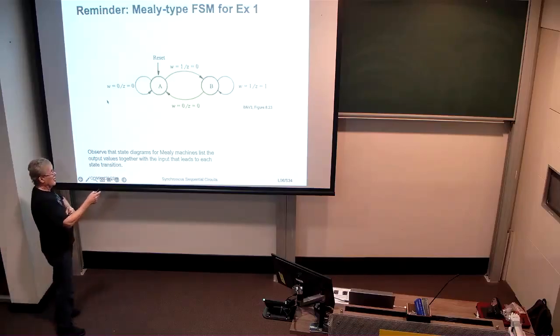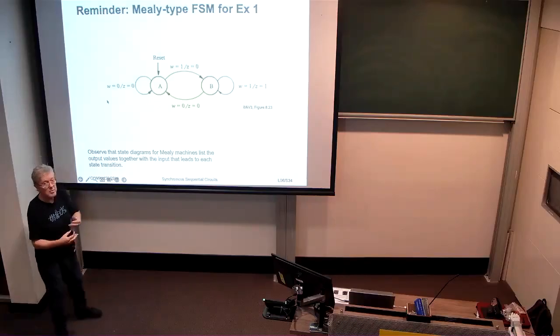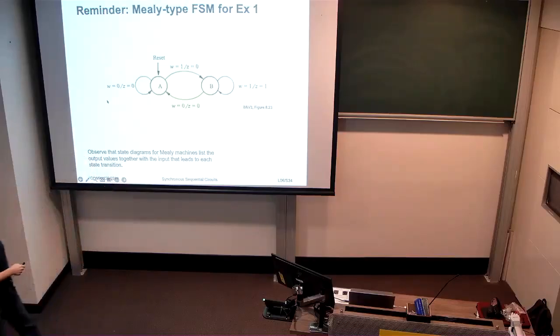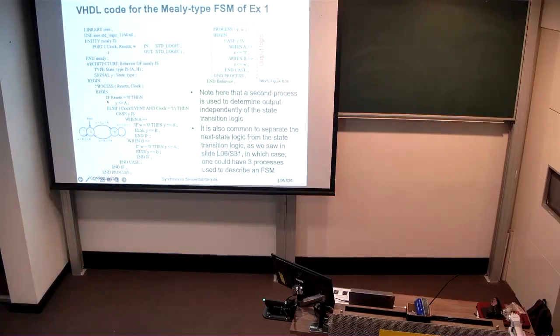Therefore, the transitions have to be labelled not just with the input that gives rise to the transition, but also with the output that is observed in this state with that input. Right. What's different in this one?